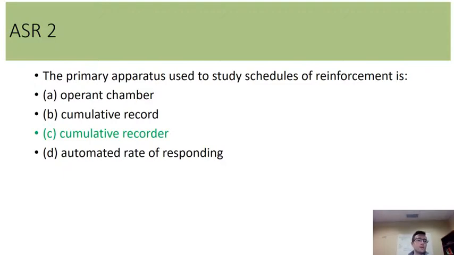And the cumulative recorder produced a cumulative record. So the cumulative record isn't an apparatus. It's the product of behavior generated by the cumulative recorder. The recorder is the apparatus. Automated rate of responding is just a characteristic of that apparatus.